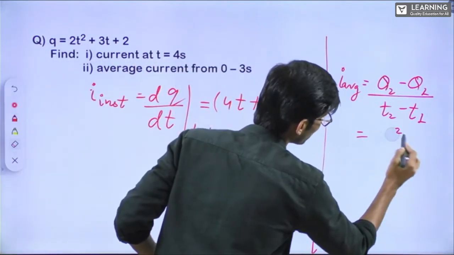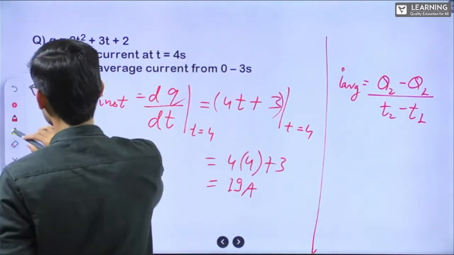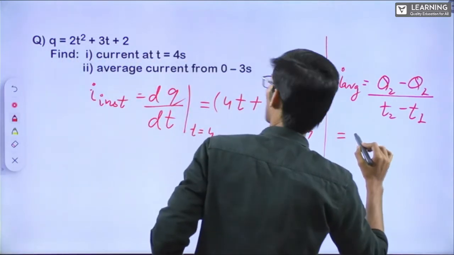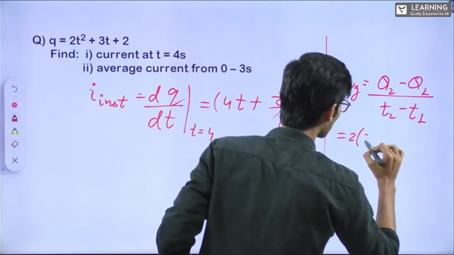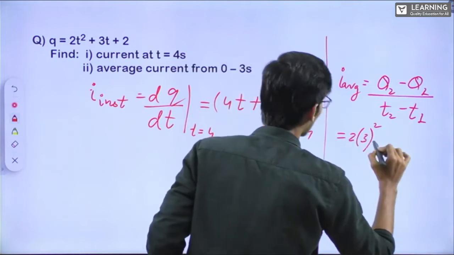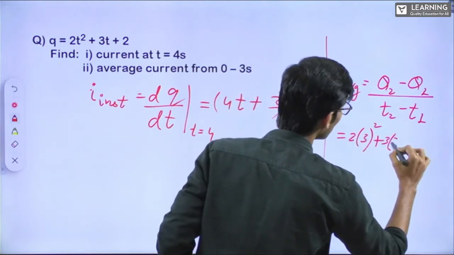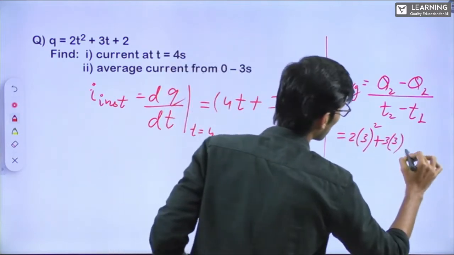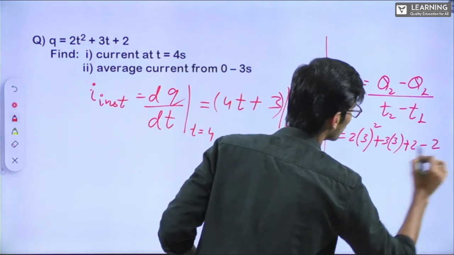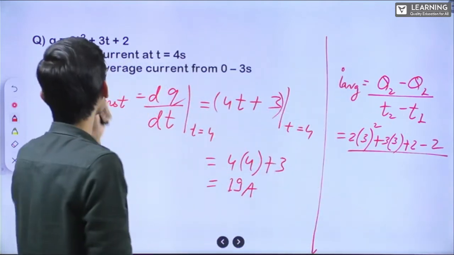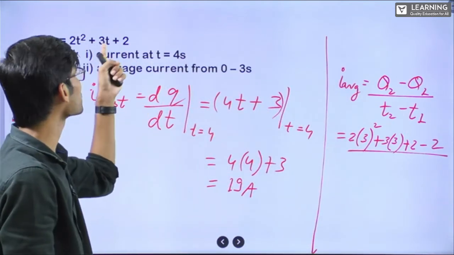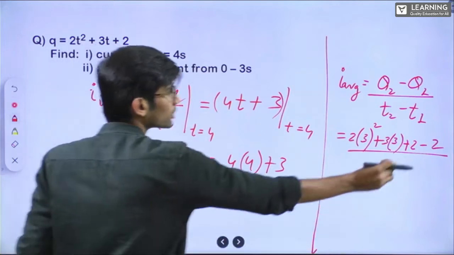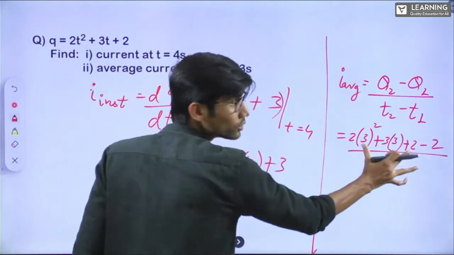I need some space. This will be 2 into 3 square plus 3 into 3 plus 2 minus 2. Correct? Minus 2, why? If I put T as 0, it will be 0, only 2 will be there. So Q1 is 2, Q2 is this.